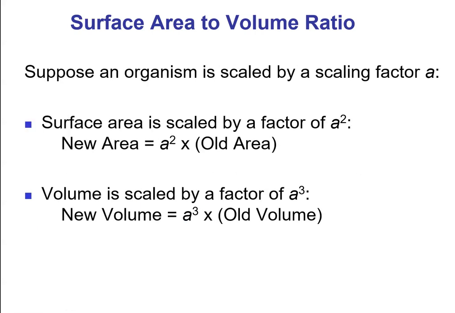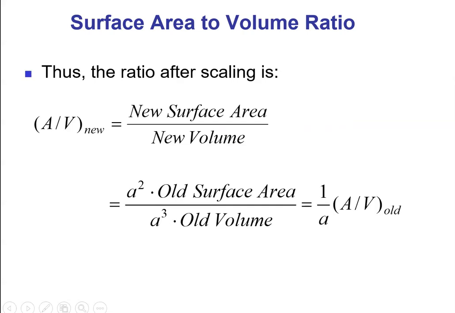So suppose an organism is scaled by a scaling factor of A. Surface area, just like we've talked about before, the new one would be A squared times the old area. Volume, same thing, A cubed times the old volume. So now let's put that together as a ratio: new surface area to new volume.